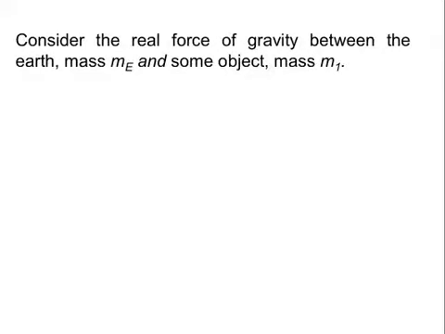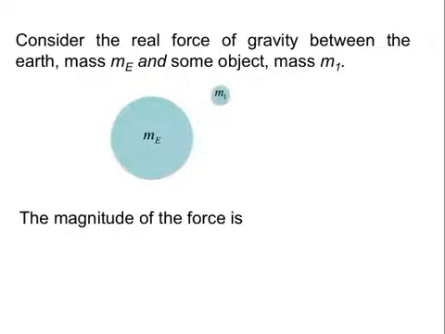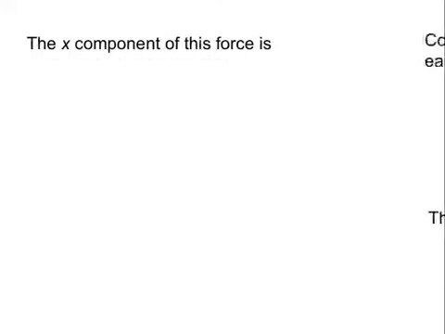Consider the real force of gravity between the Earth, mass m_e, and some object, mass m_1. The magnitude of the force, according to Newton, is G, the universal constant, times the mass of Earth, times the mass of object number 1, over the distance between their centers squared.